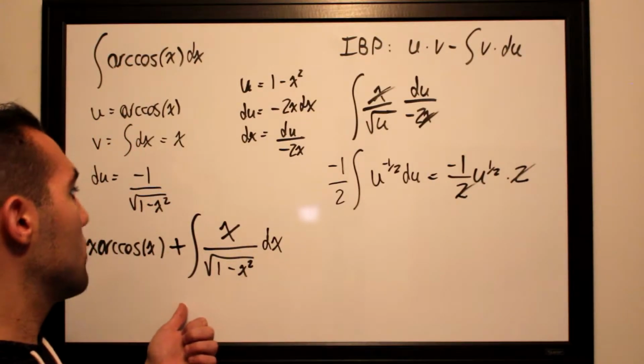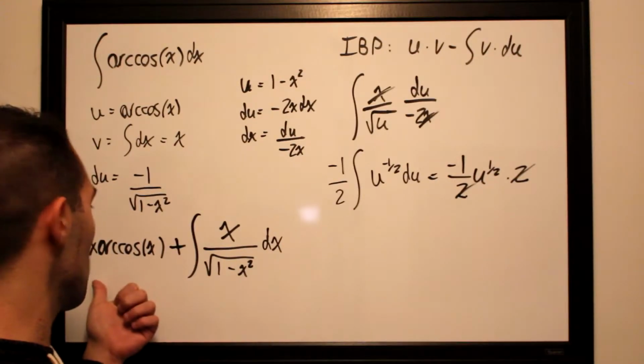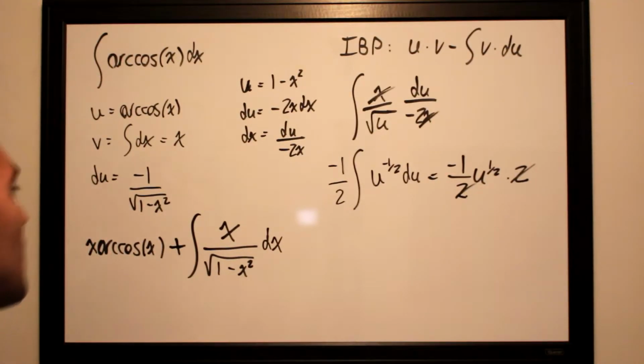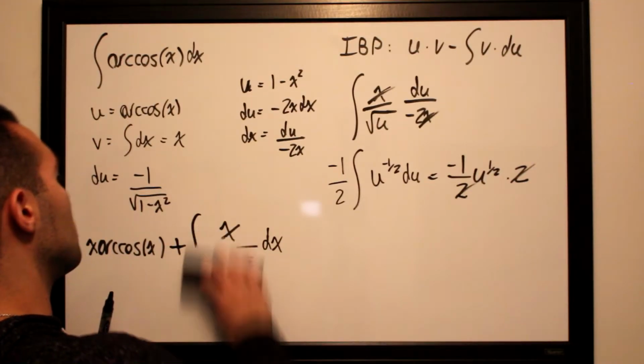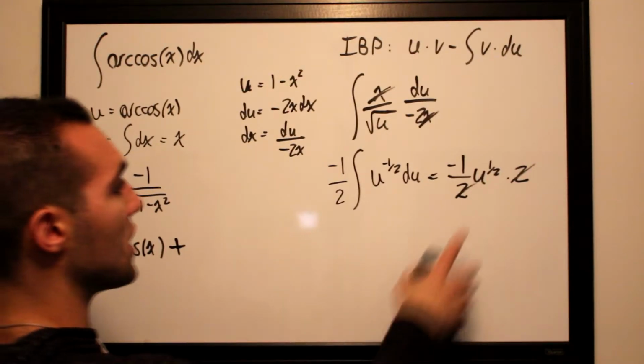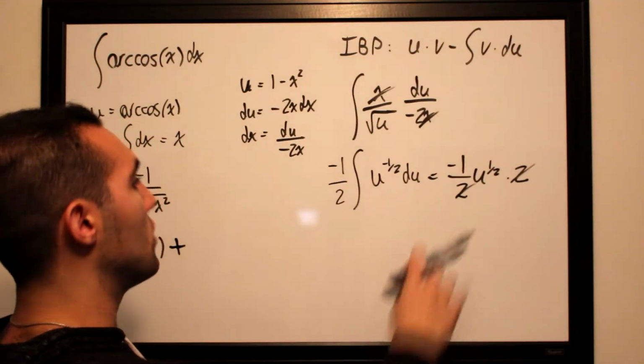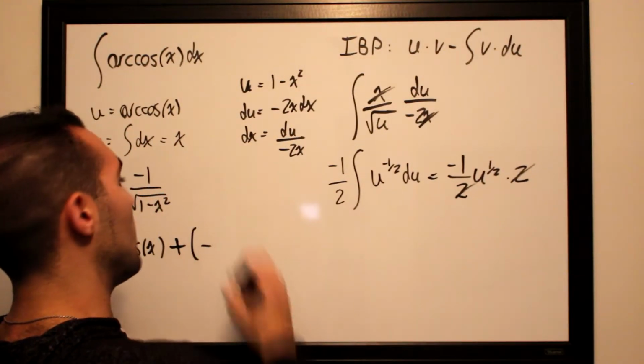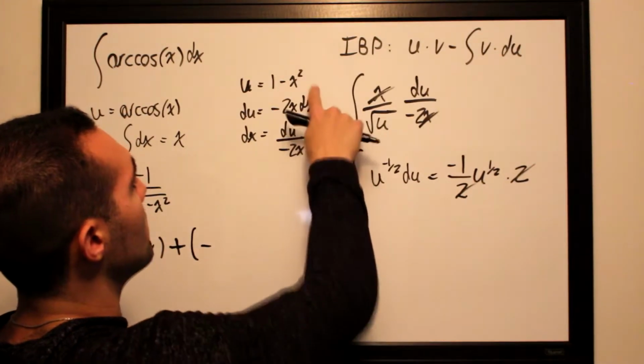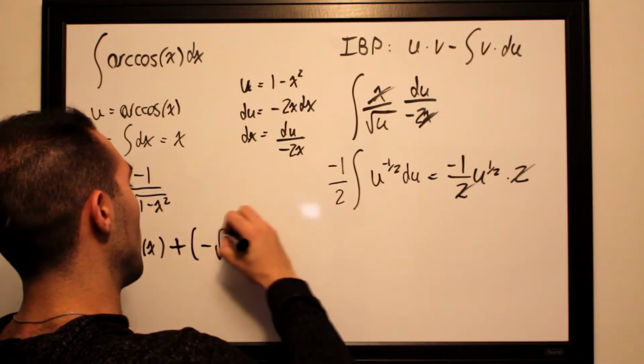So if we substitute that into our initial expression, we have x arc cosine of x plus the result of this integral, which is negative u to the half. So this will be negative, and then our u is the square root of 1 minus x squared.